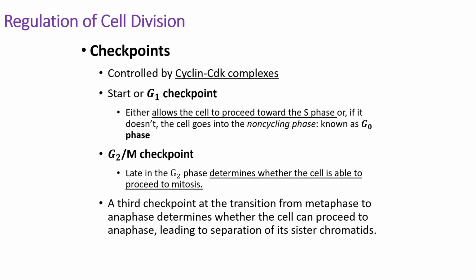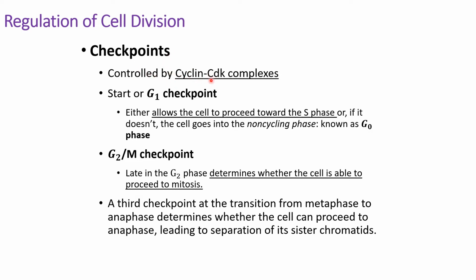A little bit about checkpoints. I mentioned something about this before. One way that we're able to regulate cell division is by way of what are called checkpoints. We will have several points during DNA replication where DNA polymerase, for example, will check itself. It will check to make sure that the bases were paired together correctly.